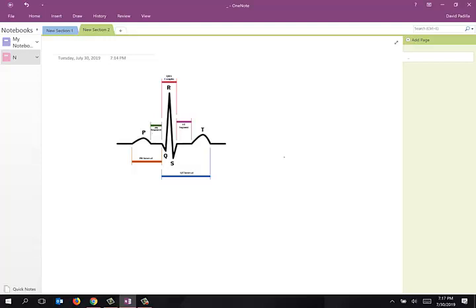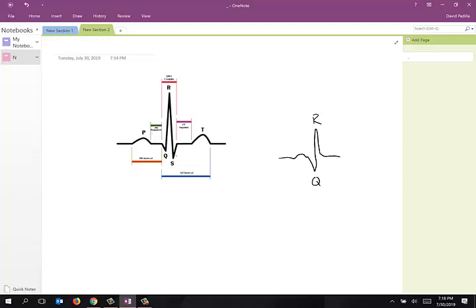At times we'll have a QRS complex that looks like this. The problem is we call everything a QRS complex, but by definition, this would be considered a QR complex. There technically isn't an S wave. And if we refer back to our complex on the side here, we can see that the S wave is the negative deflection that comes after R.